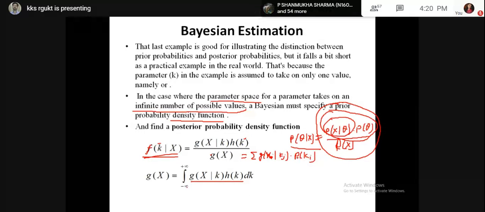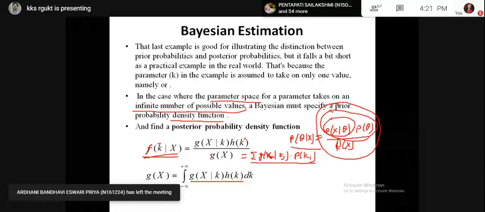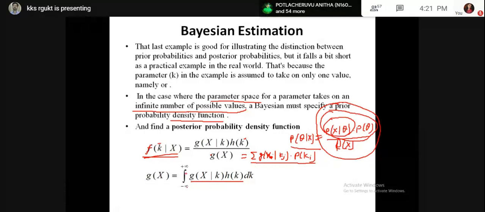So for each possible value of k, take the summation and you will get g of x. In the continuous case, you integrate the product of both from minus infinity to infinity.